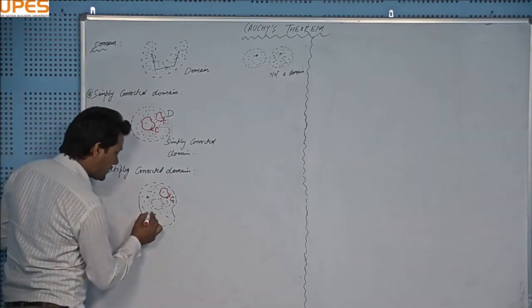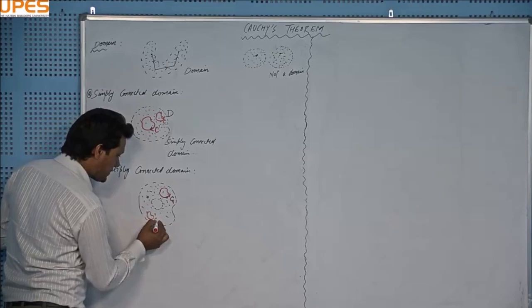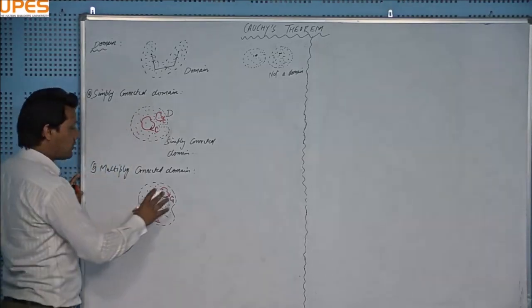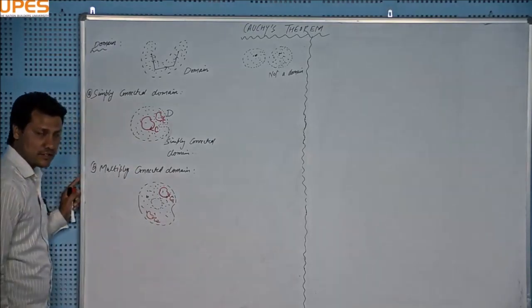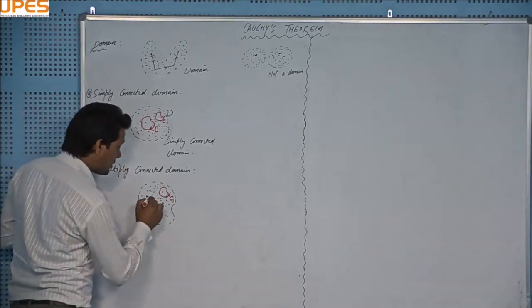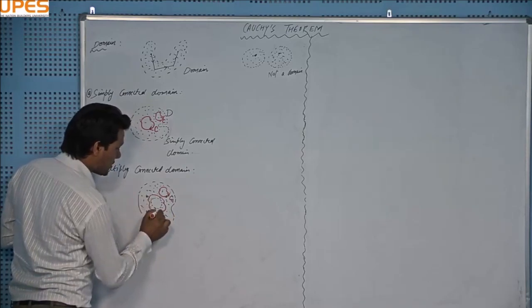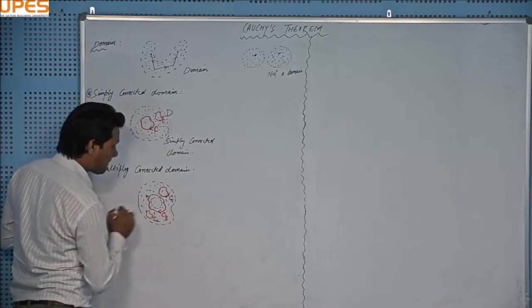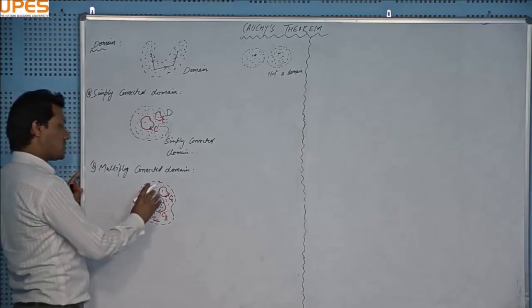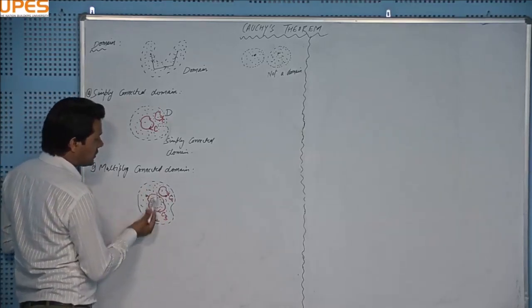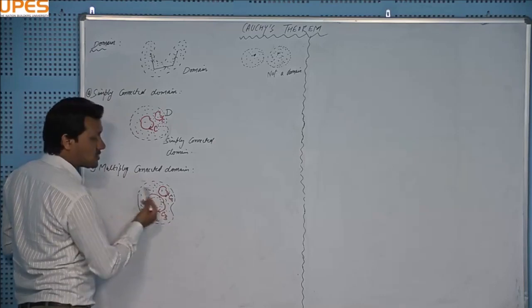If I take a curve here like this, again this can be shrunk to a point without leaving this set, right? But if I take a curve here enclosing this hole like this, you can see that this is my C3, right? And if you try to shrink it, then obviously it will leave this set, right?